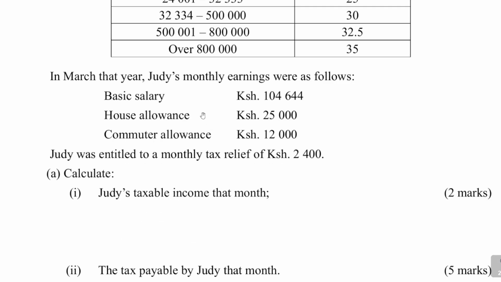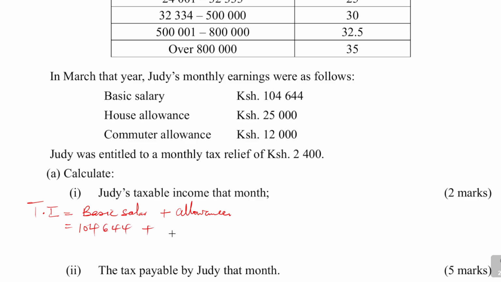Part A of the question, calculate Judy's taxable income that month. So we start with that. How do we get taxable income? Taxable income is obtained by taking the basic salary plus all the taxable allowances. So the basic salary is 104,644.